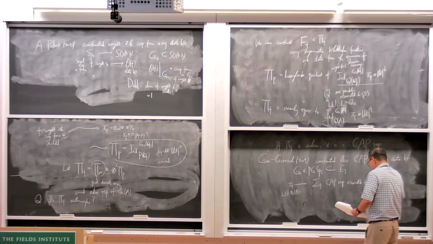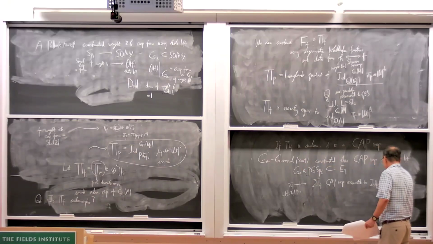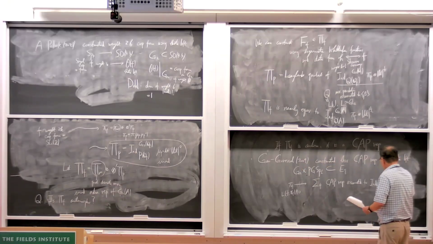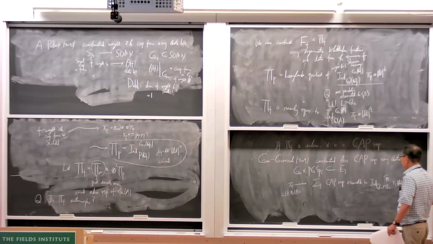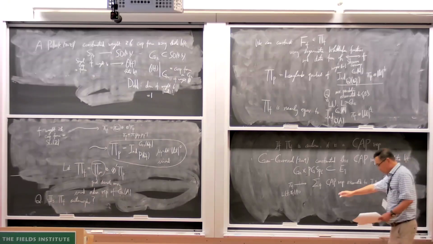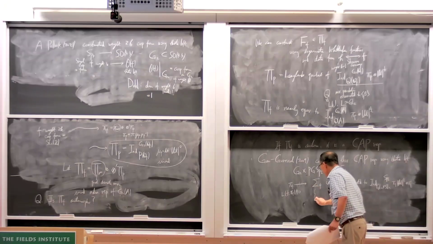this induced representation of GL2, SL2, and Sp6, pi f tensor determinant pi f. So then you get the theta correspondence.